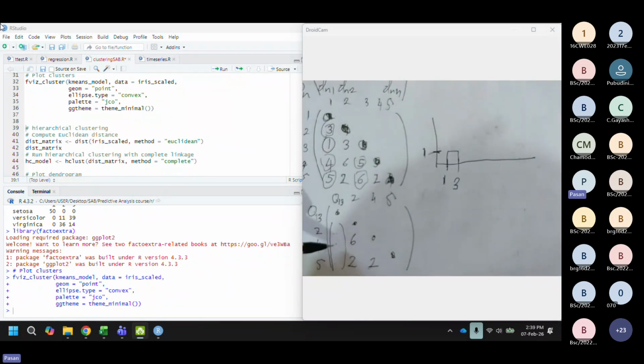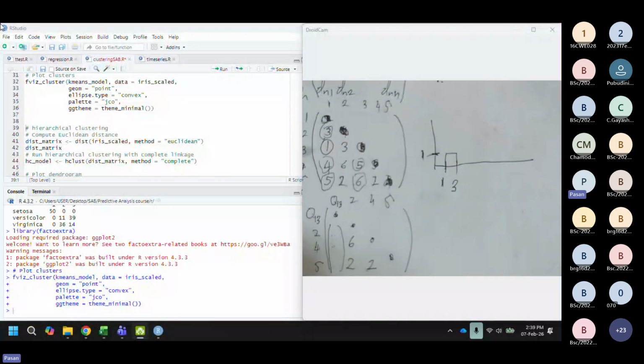If you look at these numbers here, what can we say? What can we put over here? To decide on these values, we have several approaches. That is the idea of the linkage method, how we can link them.